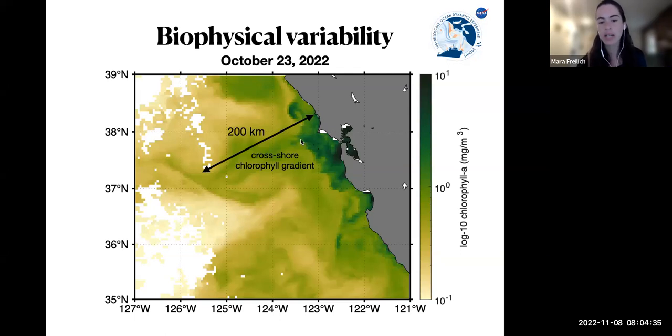But if you think about this in terms of the fishery's importance, this is transporting carbon from the coast out hundreds of kilometers away from the shore, potentially sustaining productivity, exporting carbon. But the question is, what are the dynamics that are transporting this carbon offshore? How far is it going to go, and where is it going in the vertical when it does that?